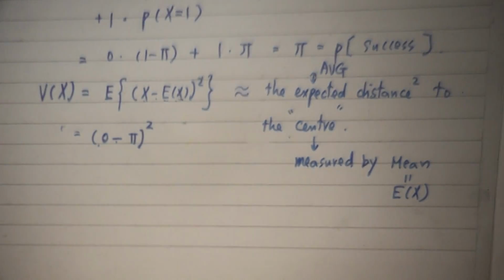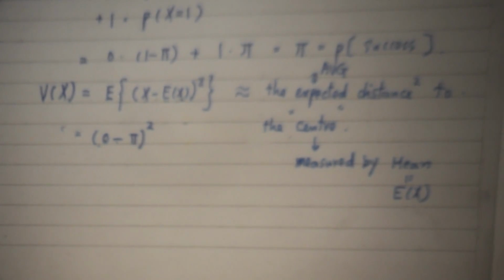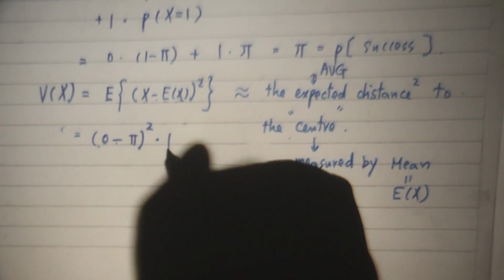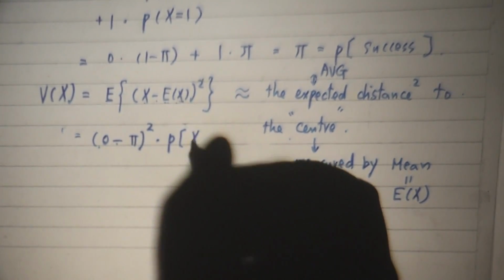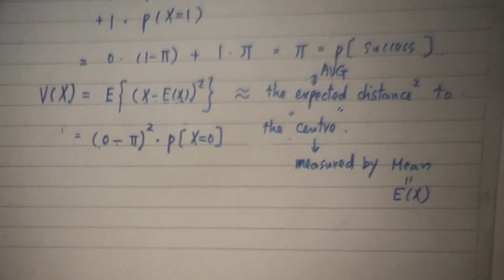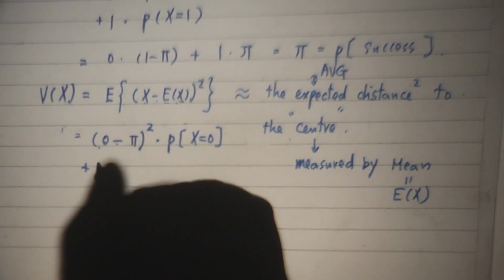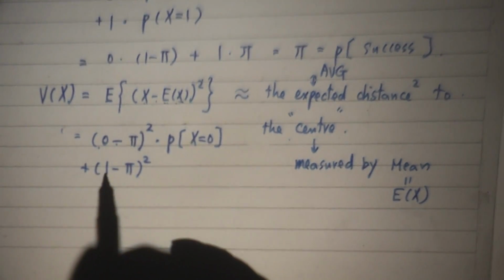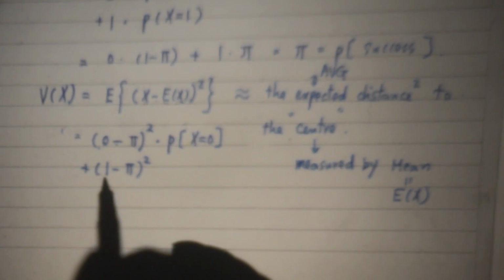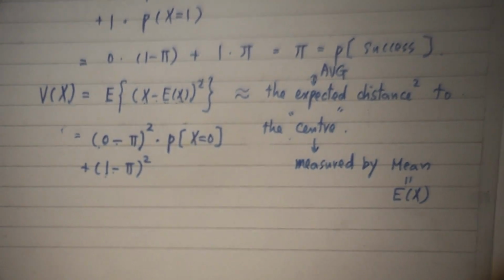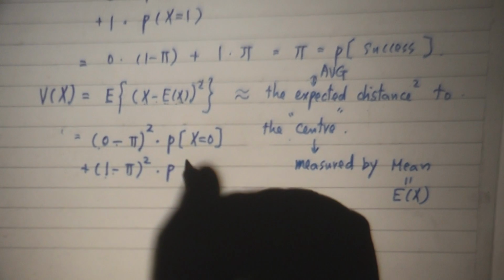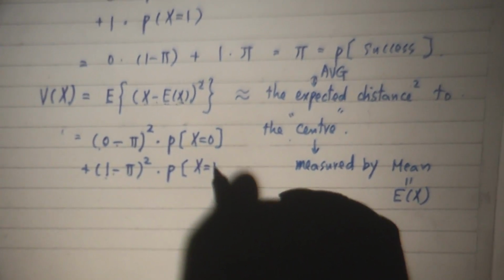But how likely do you find the distance squared to the center is pi squared? Well, it happens when x equal to 0, so weighted by this probability. Now the other one is 1 minus pi, squared. Distance squared to the center is 1 minus pi, squared. Okay? But how likely are you going to see this happen? Well, times its probability, x equal to 1.